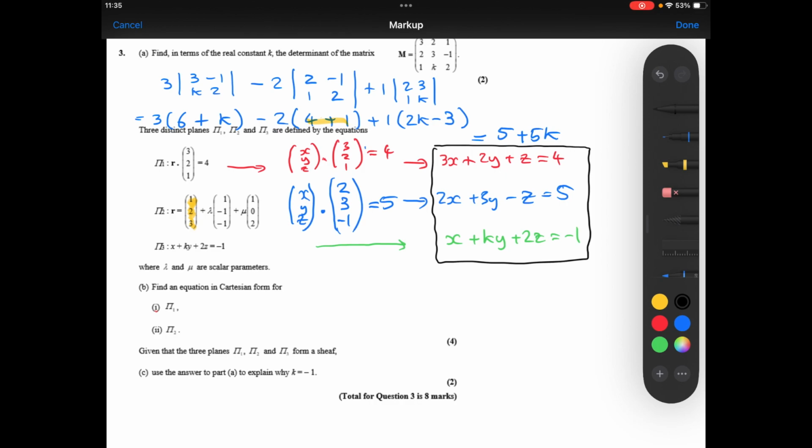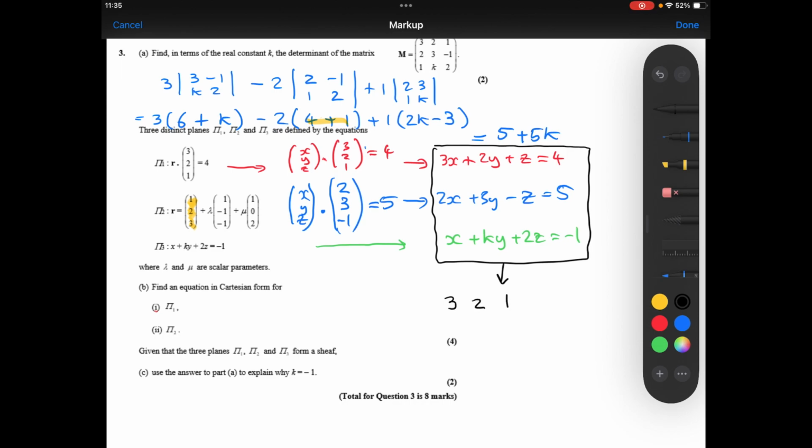Because we are now told that the three planes, A, B and C, form a sheaf, we need to use our answer to part A to explain why k has to be minus 1. So I can rewrite this set of equations of the planes in terms of a matrix.